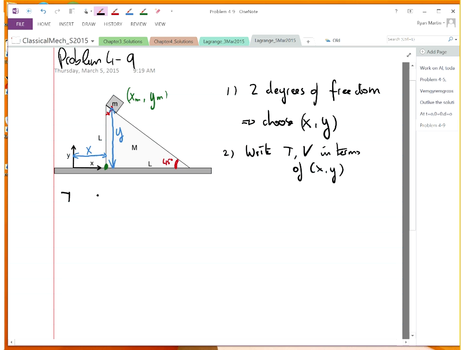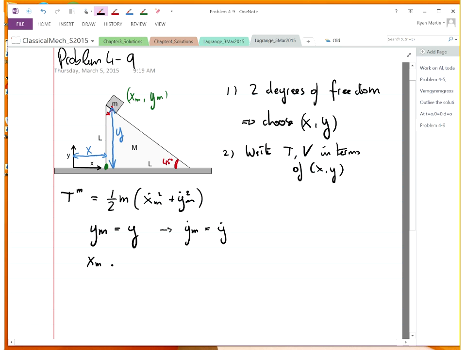So the kinetic energy of the little block is half the mass of the little block times the X position of the little block plus the Y position of the little block squared, dotted. Y sub m is in fact Y, so I chose that. That means that Y sub m dot, the thing that goes in the kinetic energy, is simply Y dot.